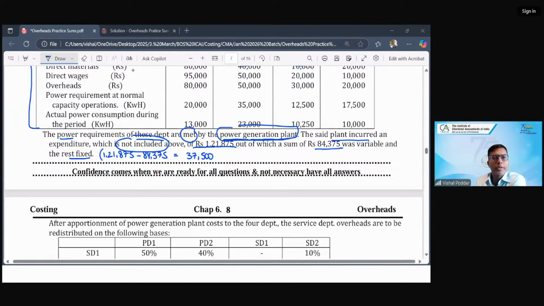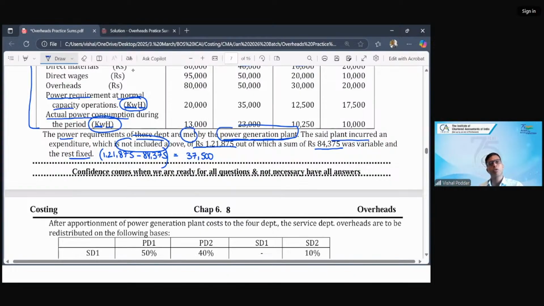Now we have two expenses for power, the fixed portion and the variable portion. We already know for power, the ratio is HP into machine hours. But interestingly, there are two figures of HP into machine hours: one, power requirement at normal, and the other, actual power consumption.